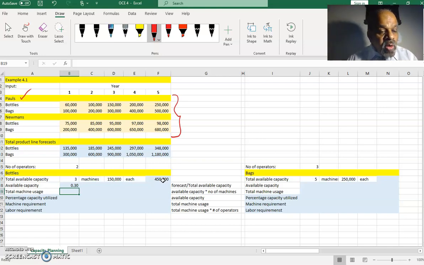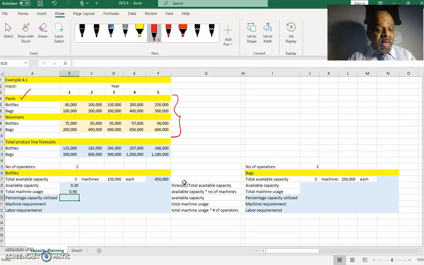My machine usage is going to be, for one machine, 0.3, which is the 30% available capacity. For 3 machines, I'm going to have 3 times 0.3, which is 0.9. See, this 135,000 over 450,000 gives you the available capacity.